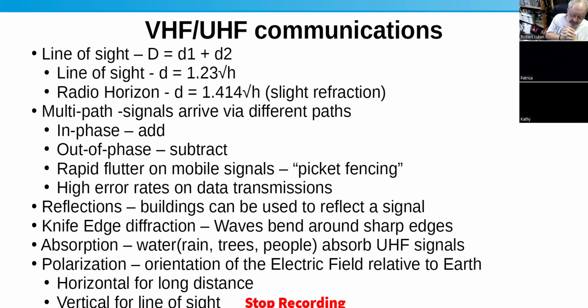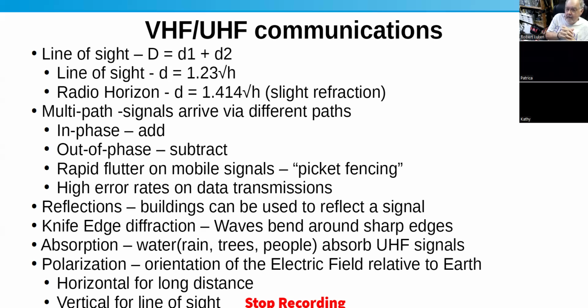I mean, if you're familiar with polarized lenses, if you take two Polaroid filters and you rotate them, it can block the light out. You have the same effect. If you're transmitting vertical and the person you're trying to talk to is horizontal, you're hardly going to pick up any signal.